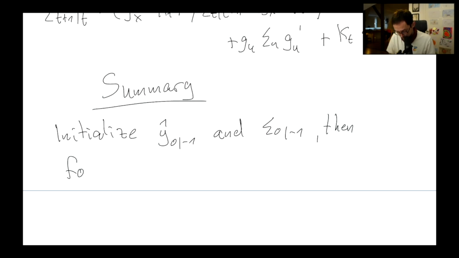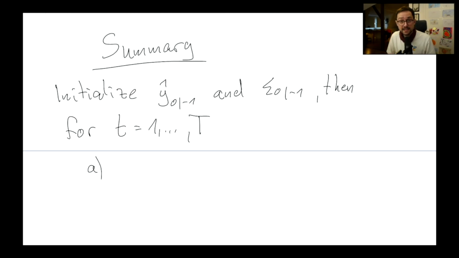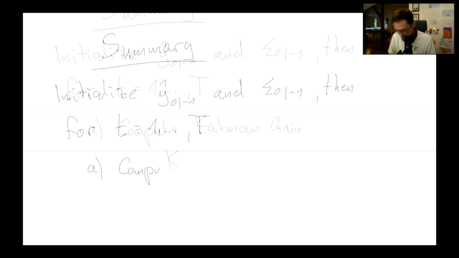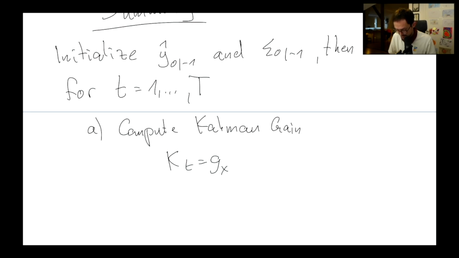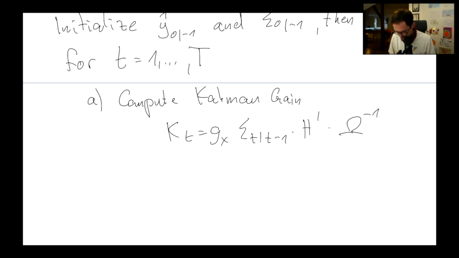Then for t equals 1 to T, this is a for loop. First step, compute the Kalman gain. So Kt is gx sigma t given t minus 1 h prime times the inverse of that parentheses, which I'm going to call big omega. Remember what is inside that parentheses is this over here.